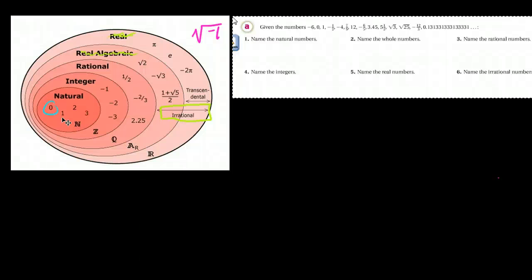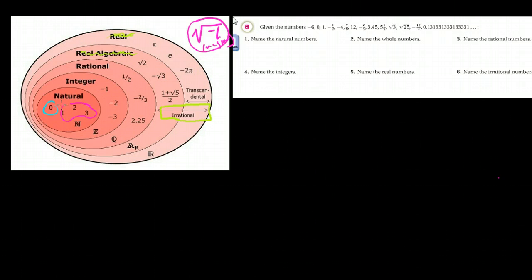In the last video, we endeavored to create definitions of numbers and categorize them into sets by their definition. The sets that we came up with were the natural numbers, which start with 1 and go on infinitely.